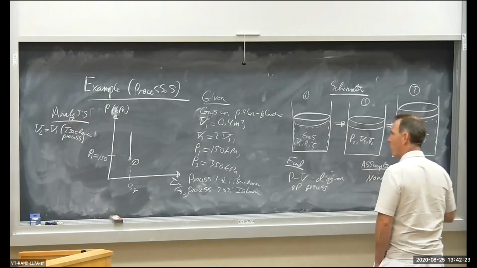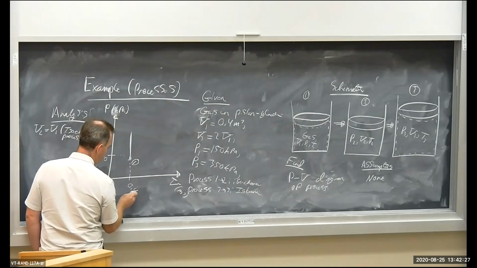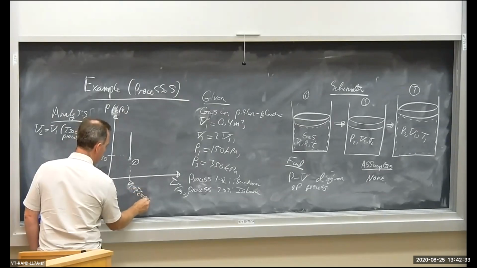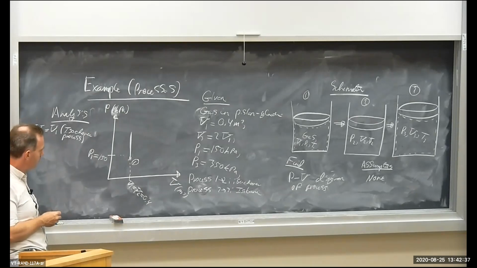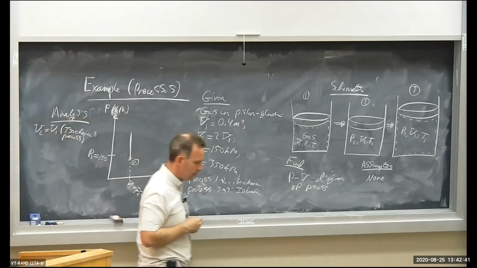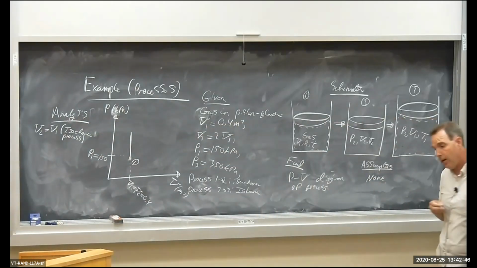Now the question is, what is P2? So this is V1, which is equal to V2, which is 0.4 cubic meters. How far do I go up vertically, or down?